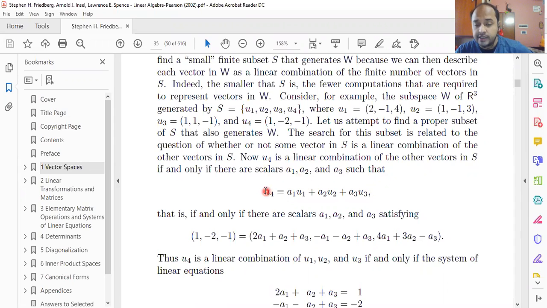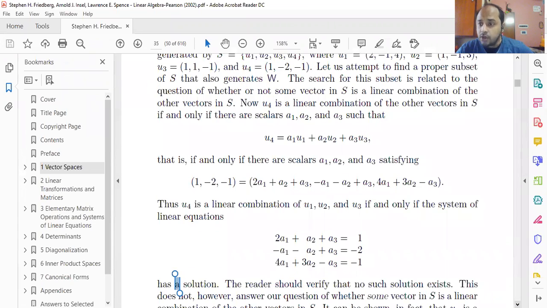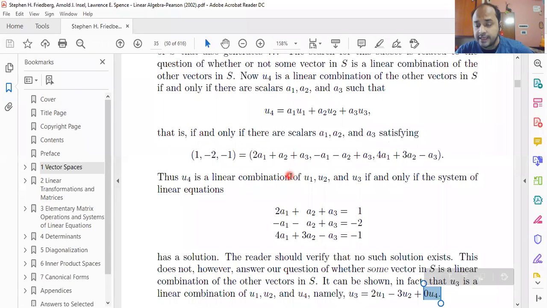So they have written U4 equal to A1 U1 plus A2 U2 plus A3 U3. After that, by comparing the coordinates of both sides and using coordinate-wise addition and scalar multiplication, they got 3 equations in terms of A1, A2, A3.